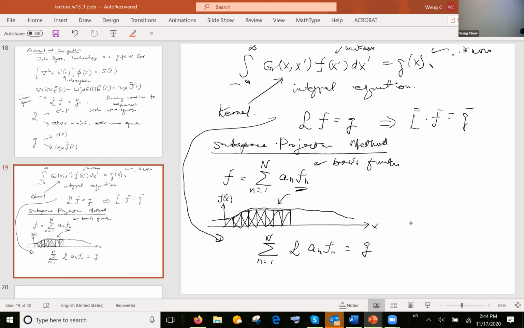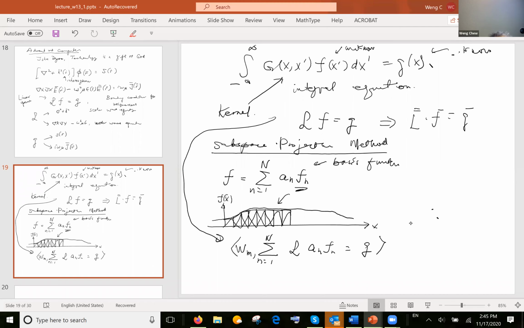It's not the matrix equation yet, but you can choose to multiply this equation by W sub m and integrate. Let me call this the inner product.